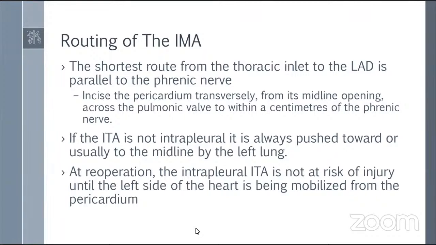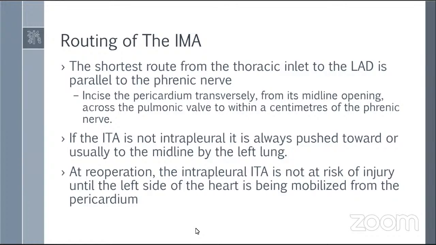One way you can sometimes get length is by incising the pericardium transversely from its midline, opening across the pulmonic valve to within centimeters of the phrenic nerve. This is something I have seen while incising the pericardium to get some length. If you are not careful, you could injure the phrenic nerve while doing that. So be careful not to incise it fully, stop just before the phrenic nerve.